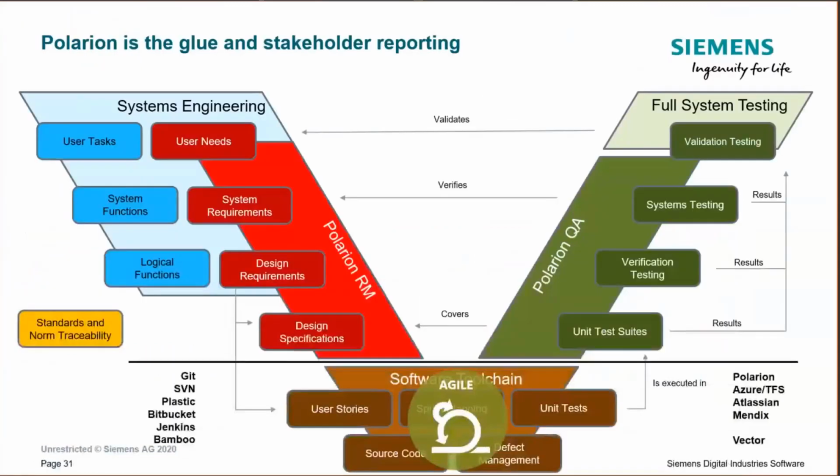So to circle this all around, essentially what we're going to do is this deconstruction of the user needs, the test cases, the system functions, and the standards and norms traceability in a way that relates to the software tool chain that we're developing under the sheet, so to speak.